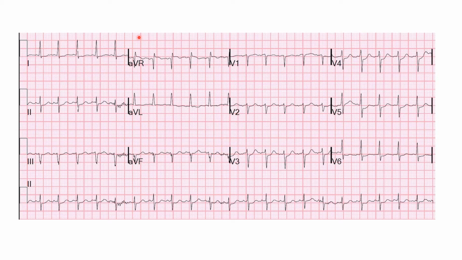But these are all the same heartbeat, just being measured from a different electrical angle. Finally, this last row is lead 2, and it's just a continuous reading of all the heartbeats from a single lead.